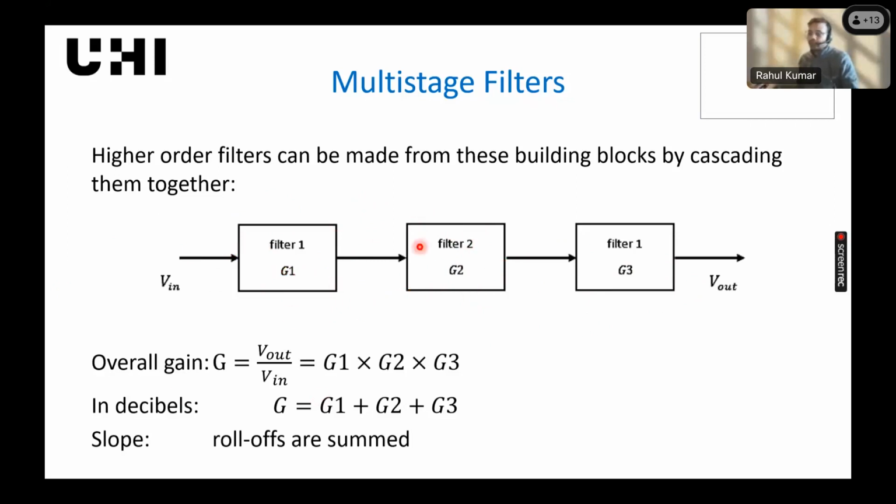Now, if your individual gains are in numbers, the overall gain will be the multiplication of the individual gains, G1 multiplied by G2 multiplied by G3.